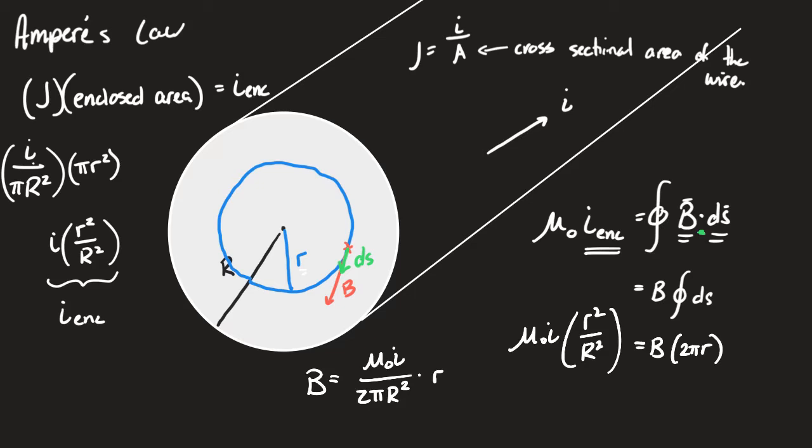Now, this result is important, and I really want you to hear this. This is linear. The magnetic field increases linearly until you get to the edge of the wire. So if you're asked about this, it should be expected that you get this kind of weird result.